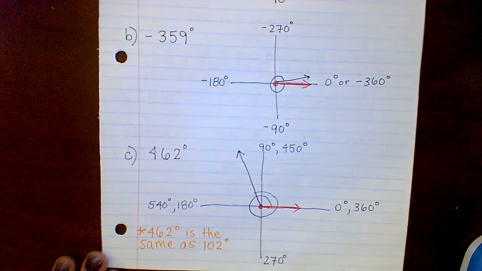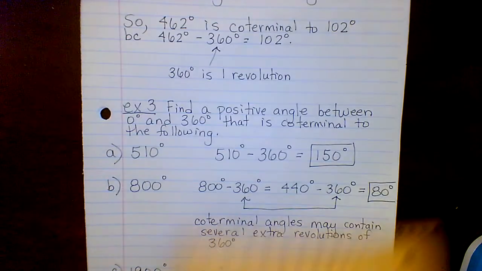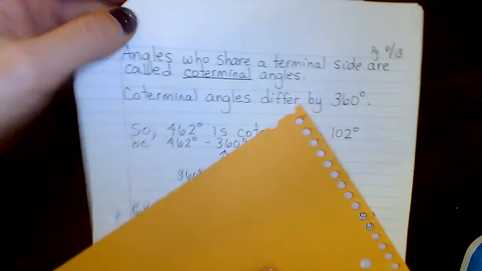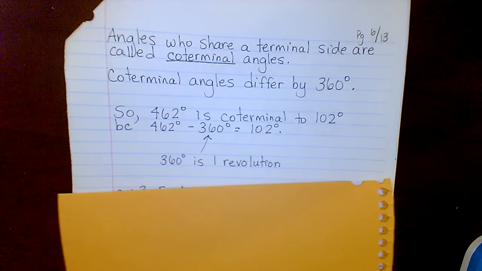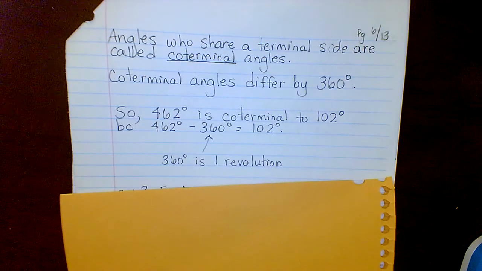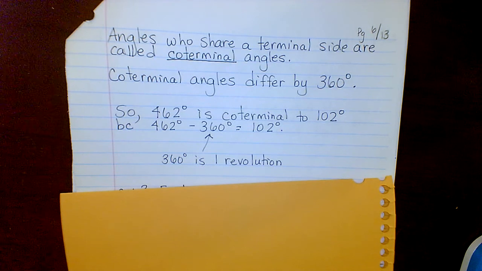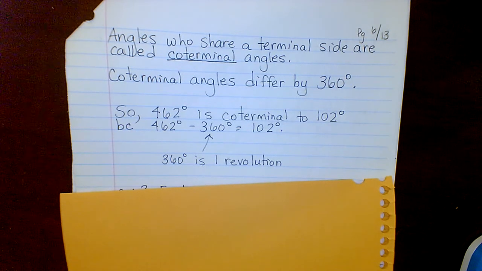Okay? There's actually a name for this. Angles who share a terminal side are called coterminal angles. Coterminal angles differ by 360 degrees, or some multiple of 360 degrees.